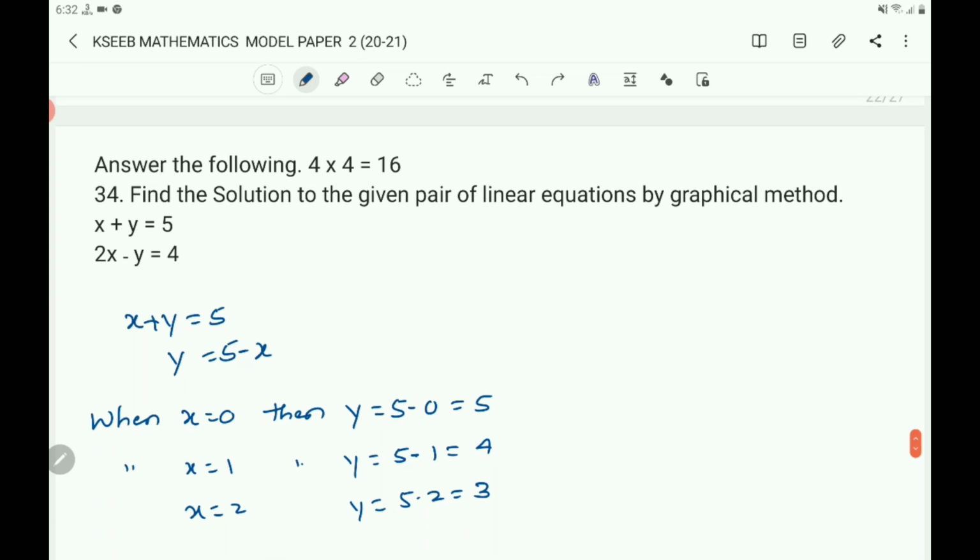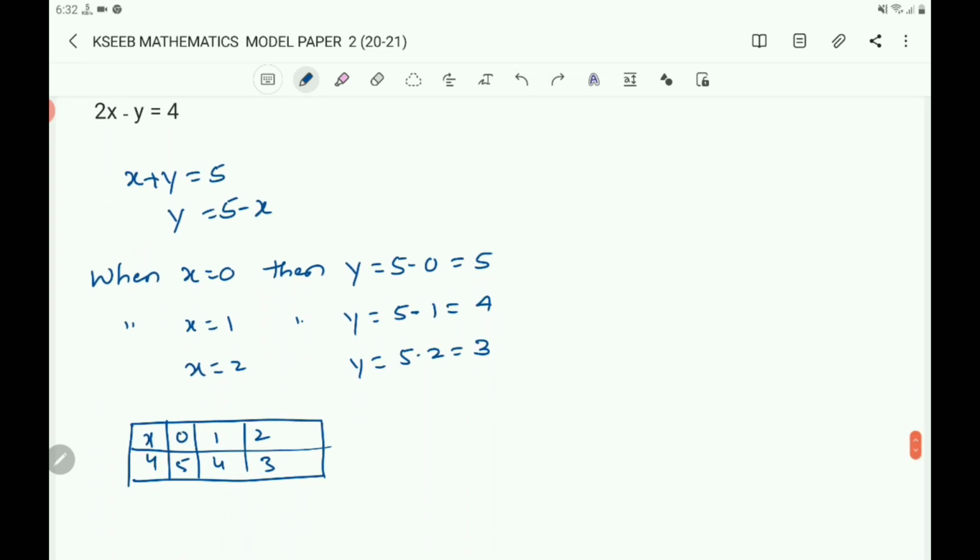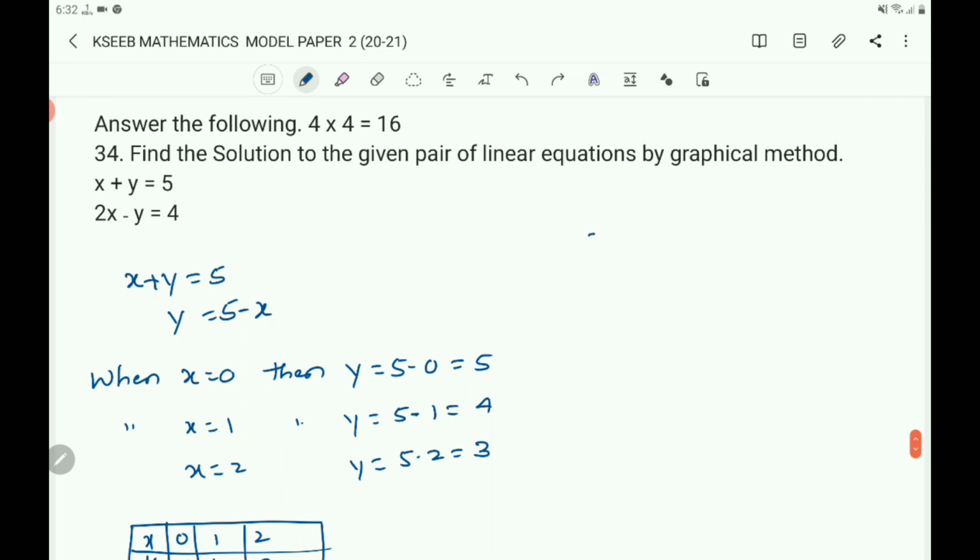Then you take the second one, that is 2x minus y equals 4. So you take 2x minus y equals 4. Then it becomes minus y equals 4 minus 2x. Then you change the sign here.